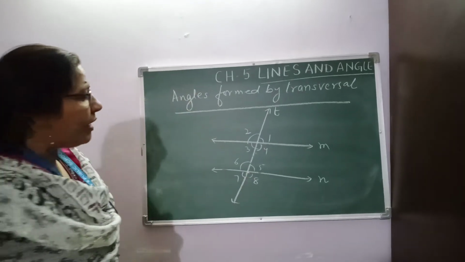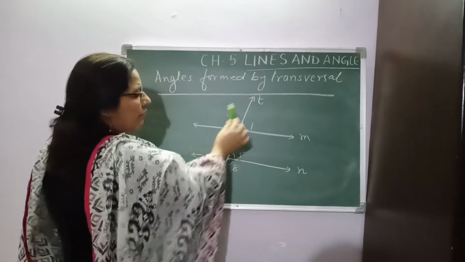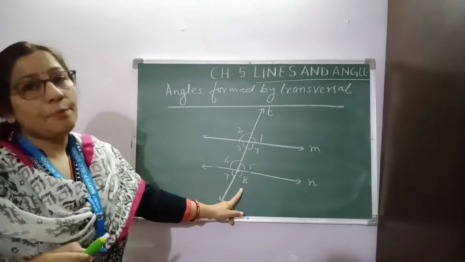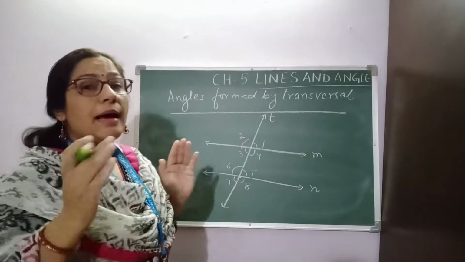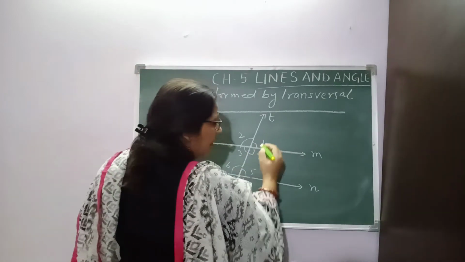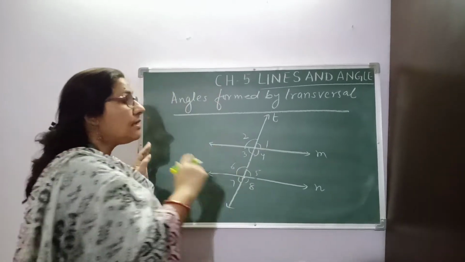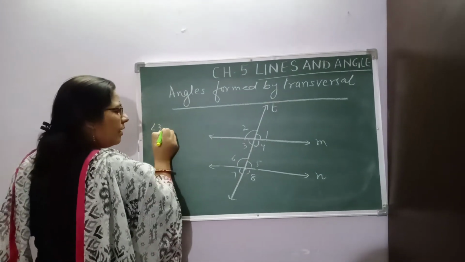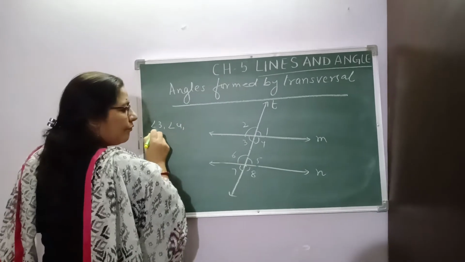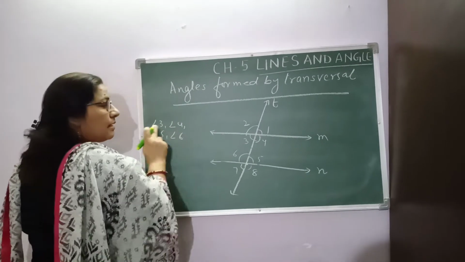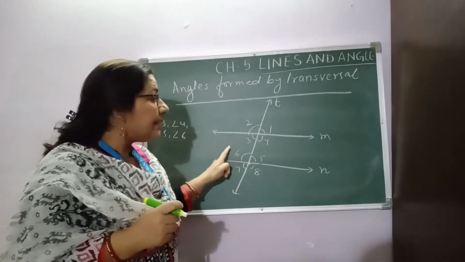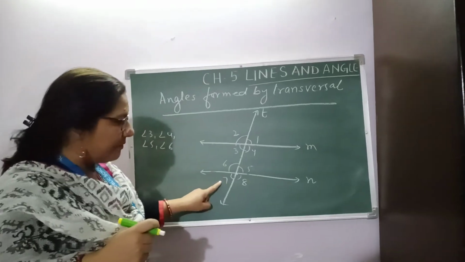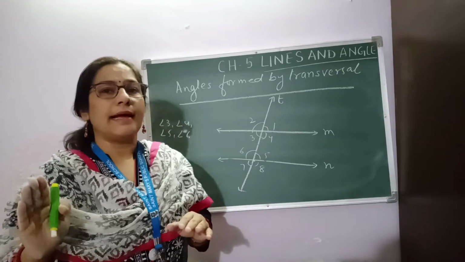So what we have seen through this picture is that one transversal creates a lot of angles at the distinct intersecting points. Some are interior angles and some are exterior angles. In this picture, angle 3, angle 4, angle 5 and angle 6 are the four interior angles, and angle 1, angle 2, angle 7, angle 8 are exterior angles.